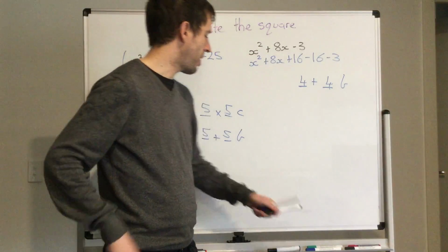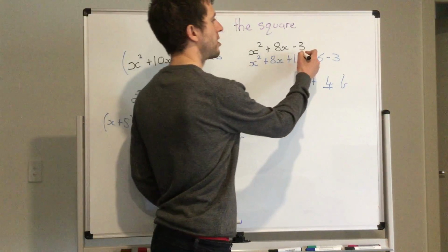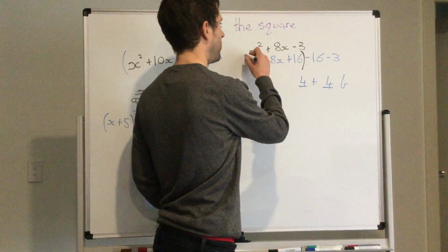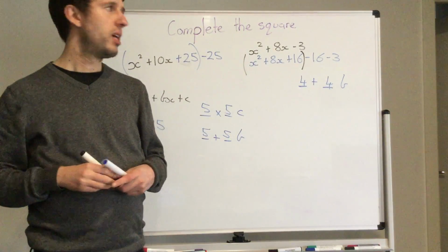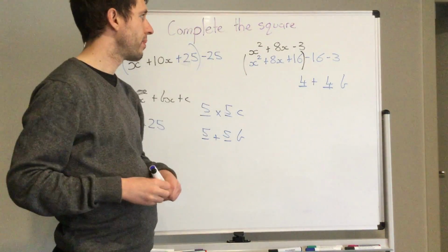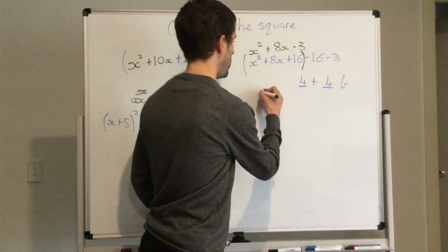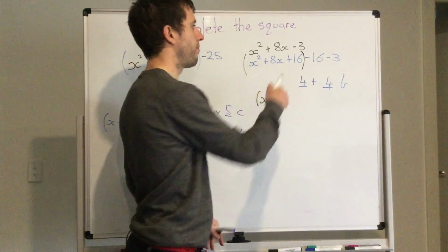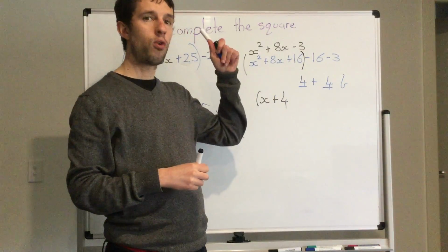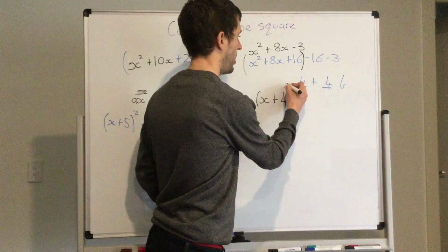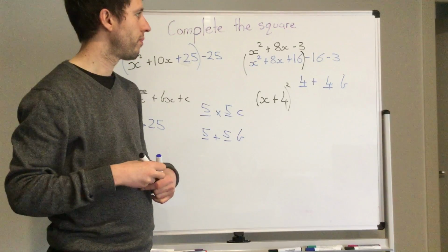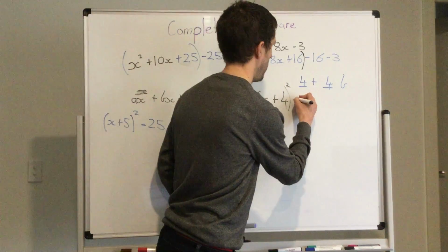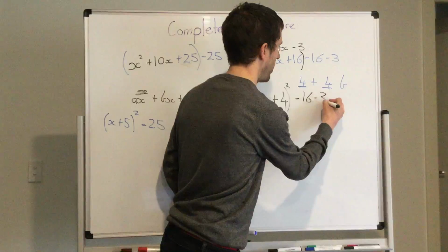So now that we've done that, we are just looking at this part here. If I complete the square, I know it's going to be x plus 4, because two 4s are my number, squared, minus 16 minus 3.